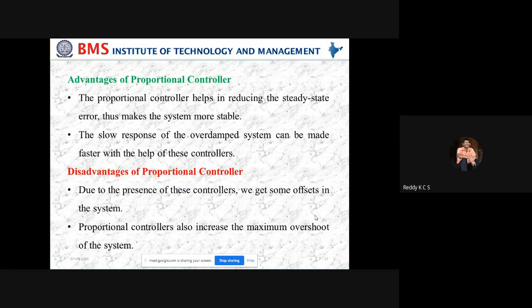And the disadvantage of this proportional controller is that, due to its presence, as we discussed, offset error is always present. So what is the offset error here?